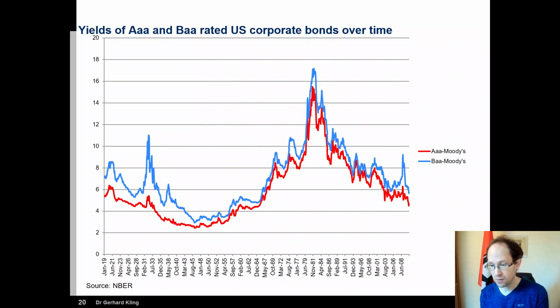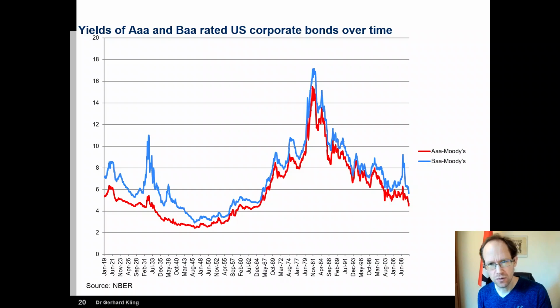Honestly, in terms of reliability, I would always be very skeptical. There's a tendency that rating agencies herd, so that means that if one rating agency starts downgrading a bond, another one might follow. There is also a tendency that they seem to lag behind the market.